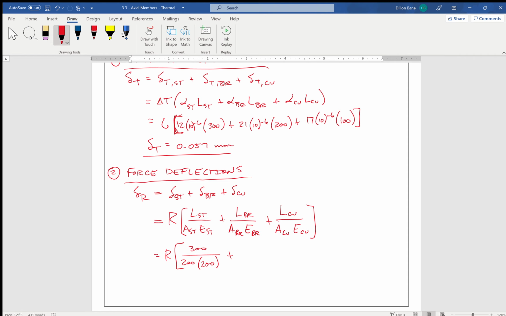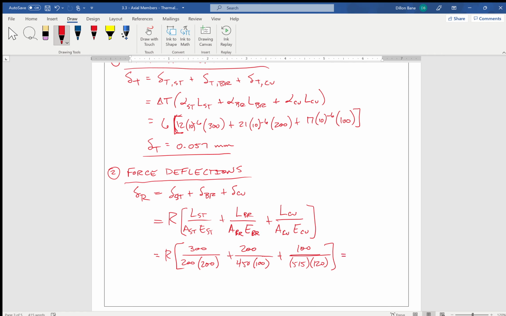So let's just continue this format then for the brass and the copper. The brass has a length of 200 millimeters. The area of the brass is 450 millimeters squared, and E for brass is 100 gigapascals, but we'll drop the 10 to the 9th so the units work out. And then finally, the copper has a length of 100, an area of 515, and a modulus of 120 gigapascals.